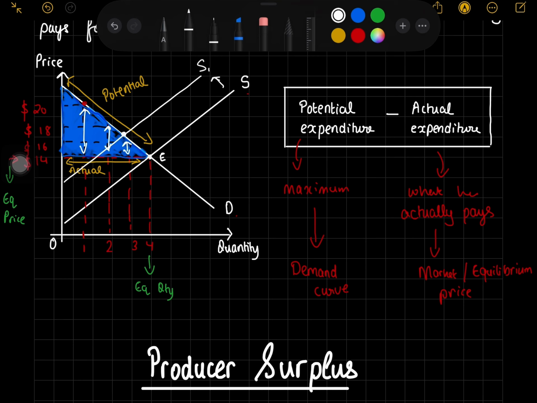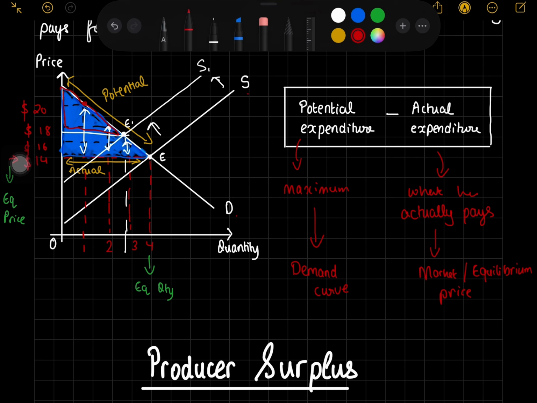So no longer we will have our equilibrium. Here we'll have our new equilibrium at this point, our new equilibrium quantity at this point, our new equilibrium price, $18, below 17 maybe, and our new surplus would be this one.